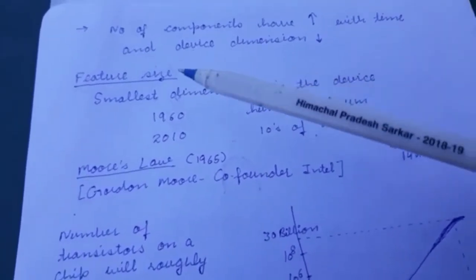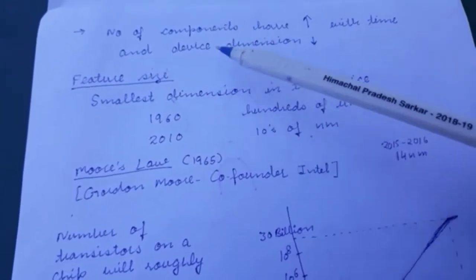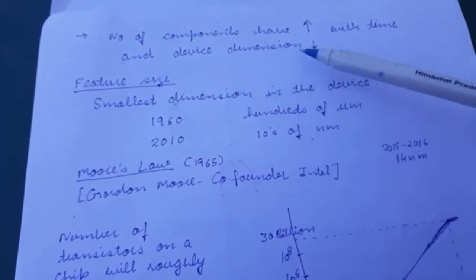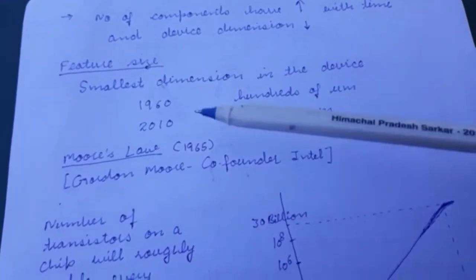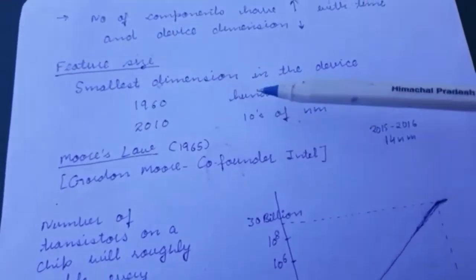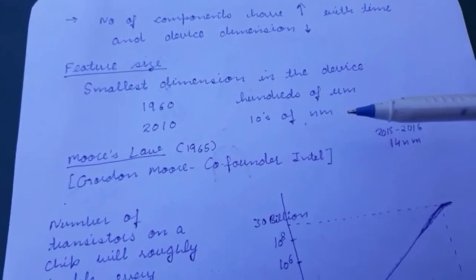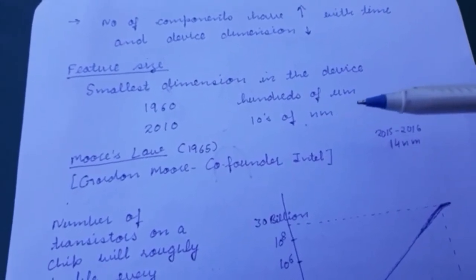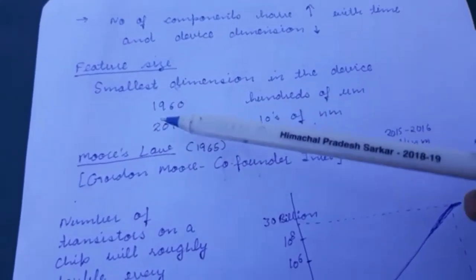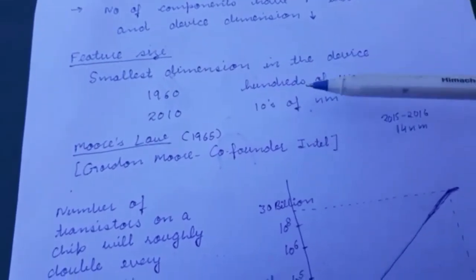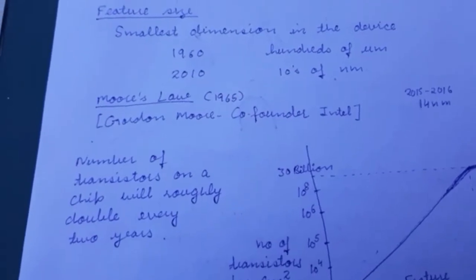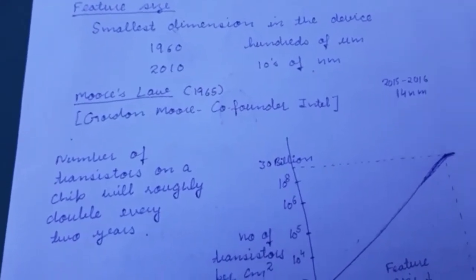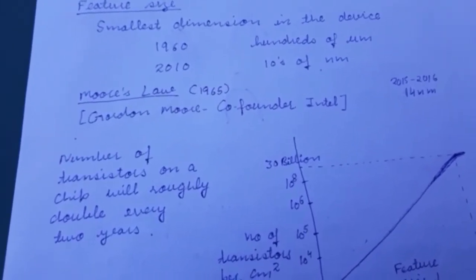Feature size just means the smallest dimension on the device which could be fabricated. So in 1960, the smallest dimension was in micrometers, while in 2010 it is in tens of nanometers, while in 2020 it is around a few nanometers.